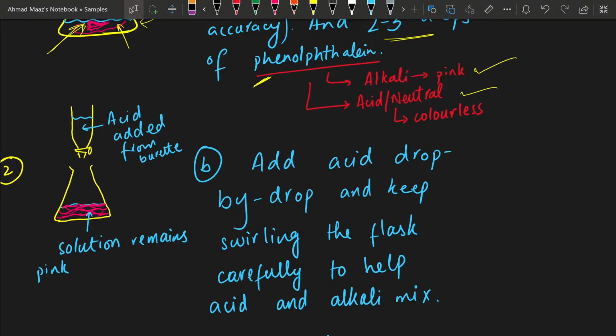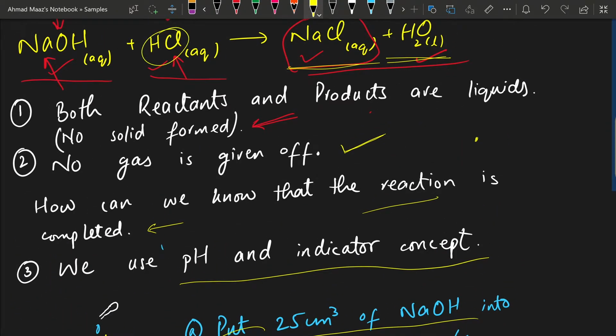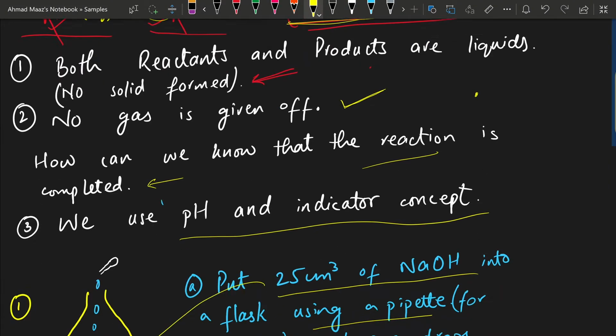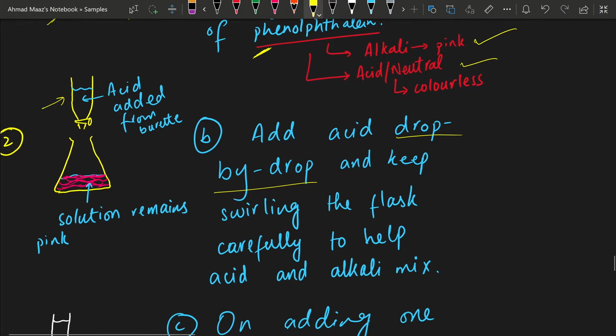So what we'll do is add this acid, this HCl that we want to react with sodium hydroxide. We'll add this acid from a burette into that conical flask, drop by drop, and we'll keep swirling the flask carefully so that the acid does not spill out. This will help acid and alkali mix together.